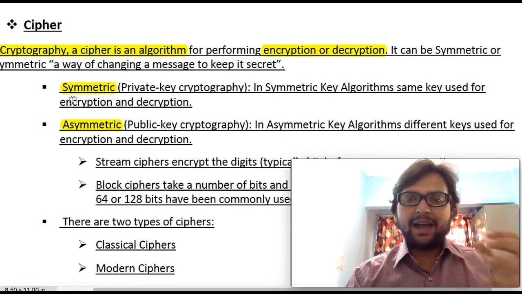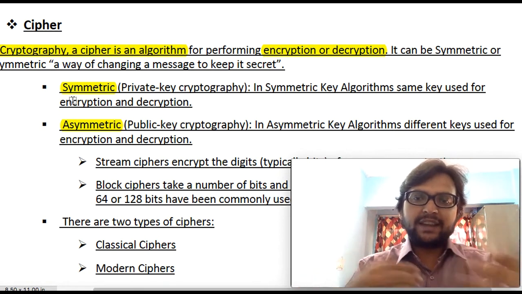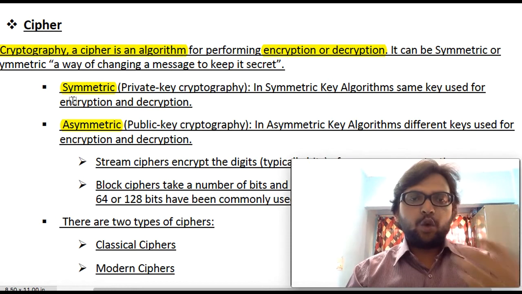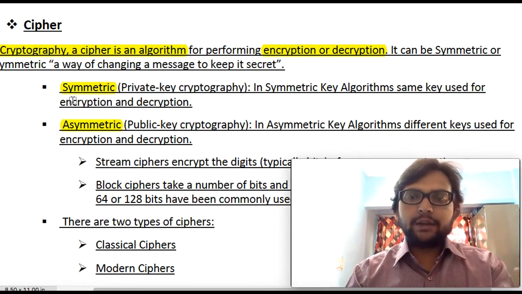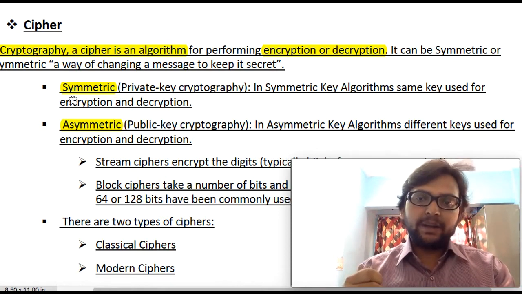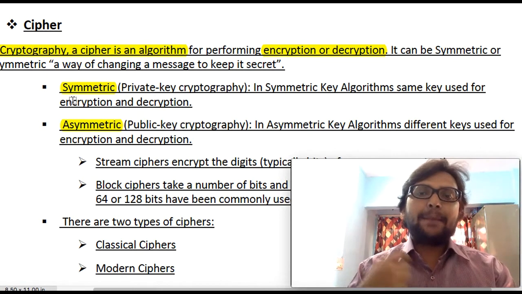I have provided that public key to each and every one of you so that we can communicate easily. So while sending a message to me, you are going to encrypt that document using my public key, and once I receive that document, I'm going to unlock or decrypt it using my private key.